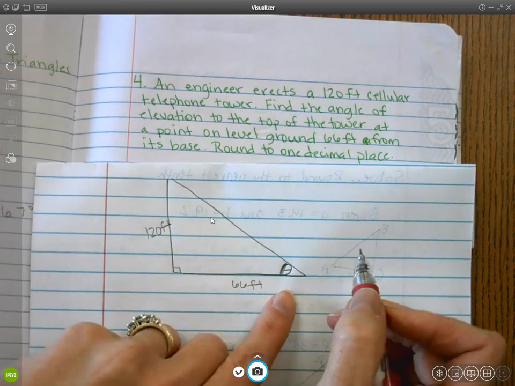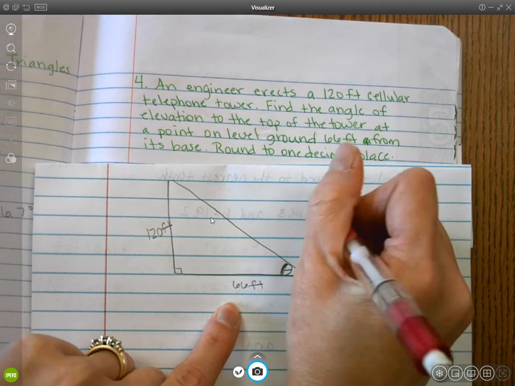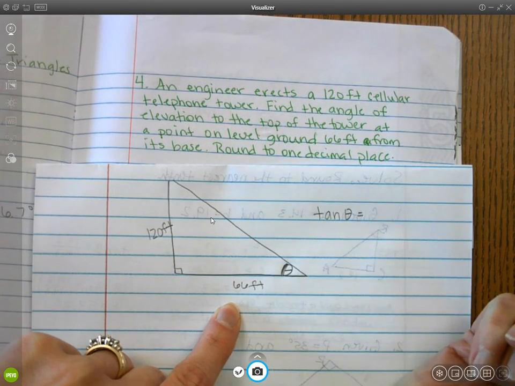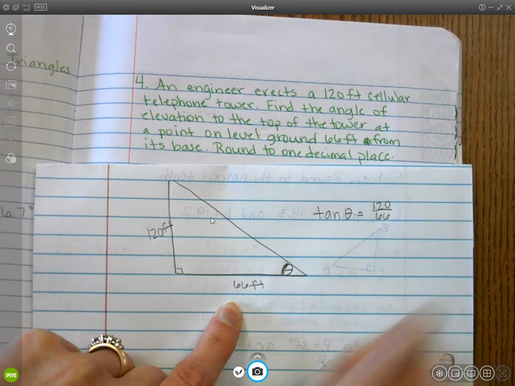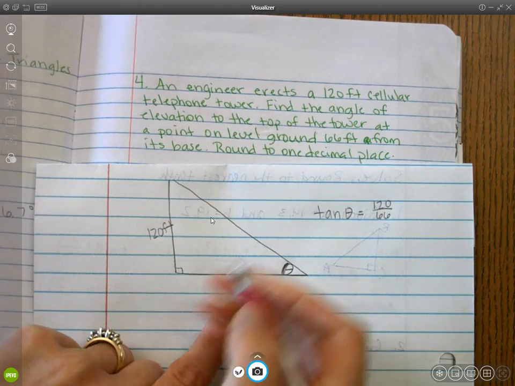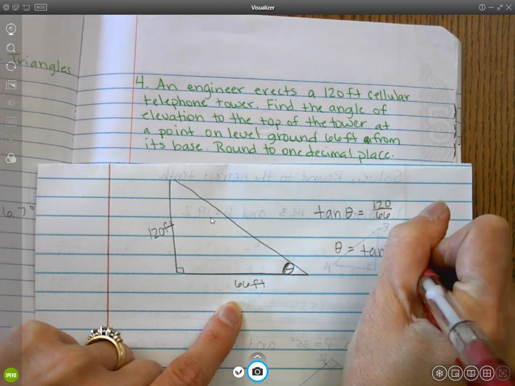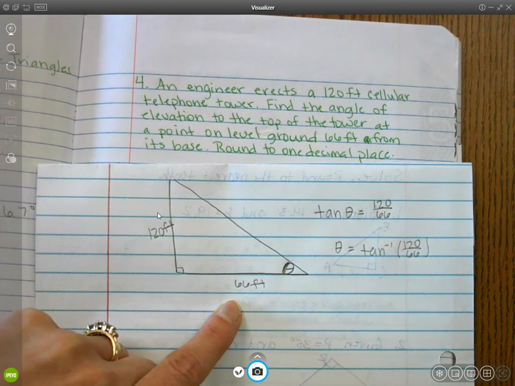All right, so we're looking for this angle. We know the opposite and the adjacent, so we can write a tangent equation. Tangent theta is 120 over 66. So to find that angle, we have to do inverse tangent of 120 over 66.